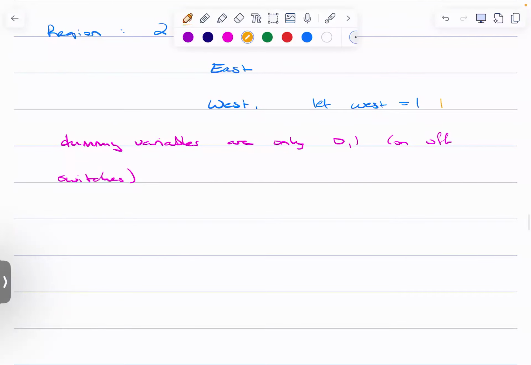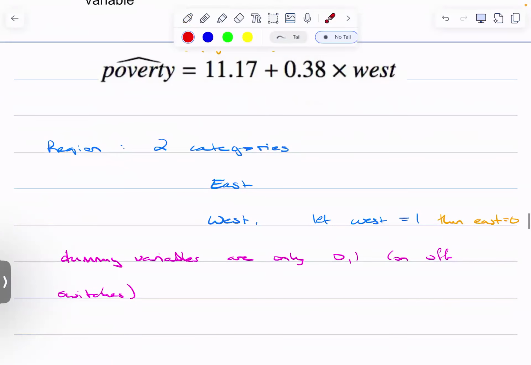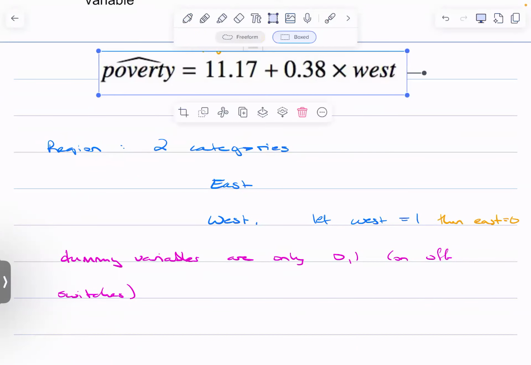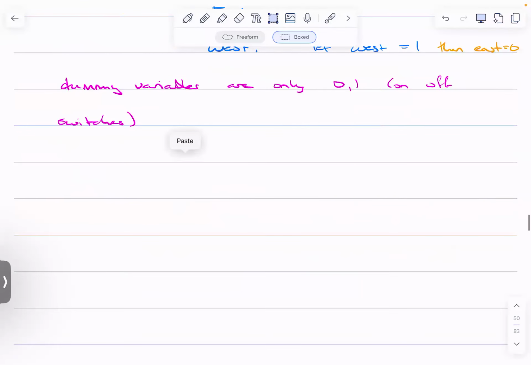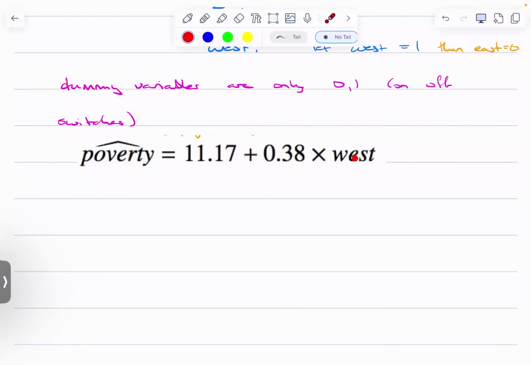So then East is 0, technically. But we don't even need East as 0. What if I let West be 0? Then that must mean the East region is on.